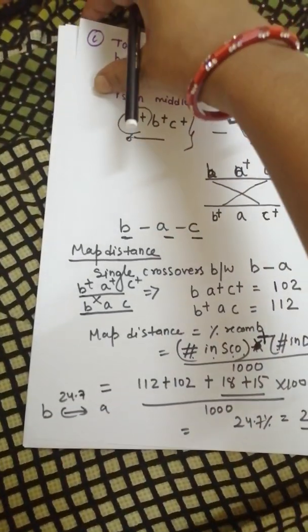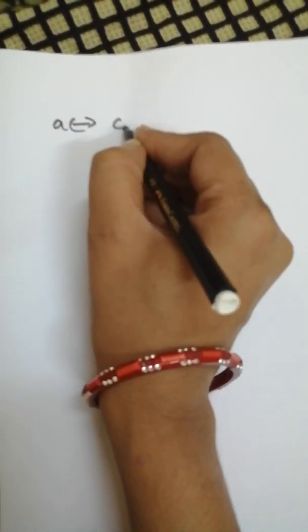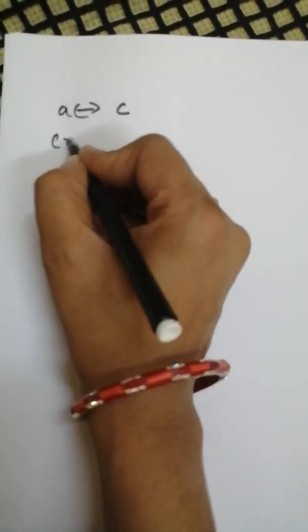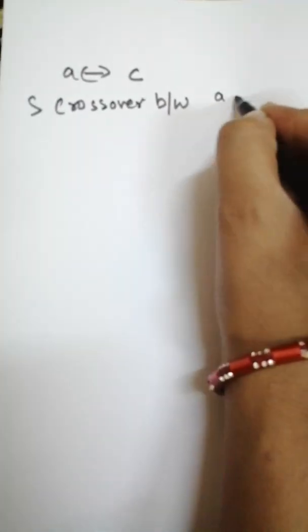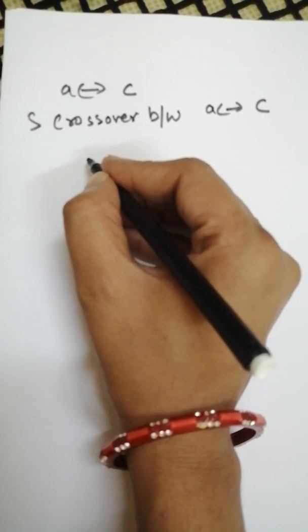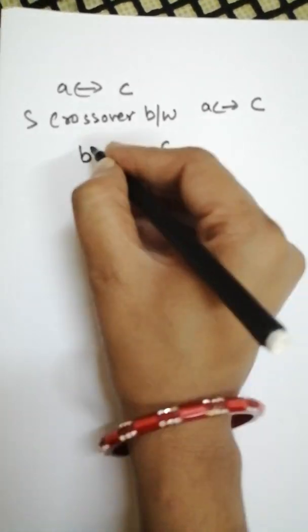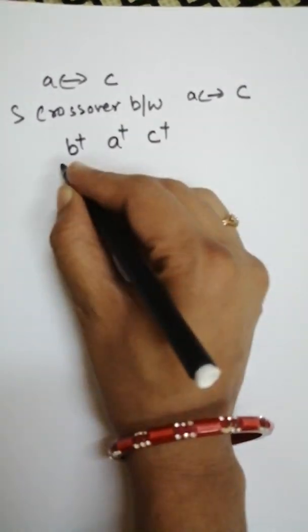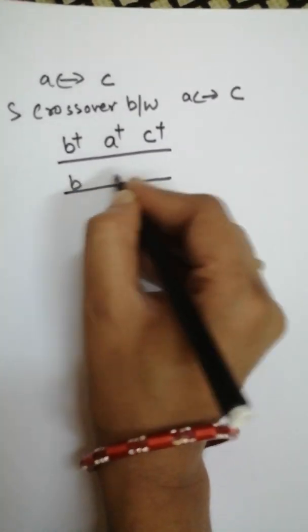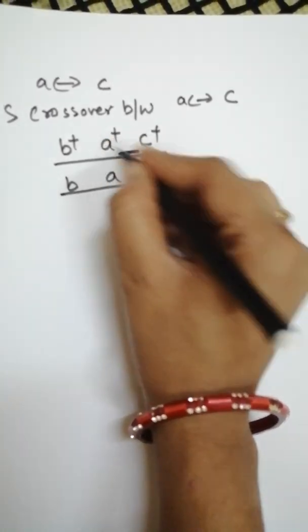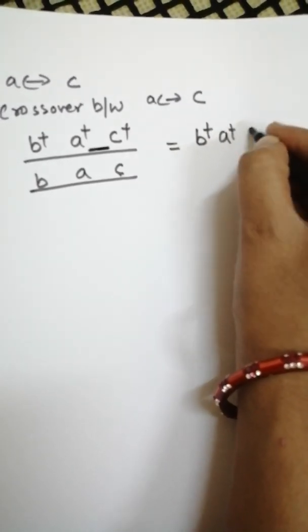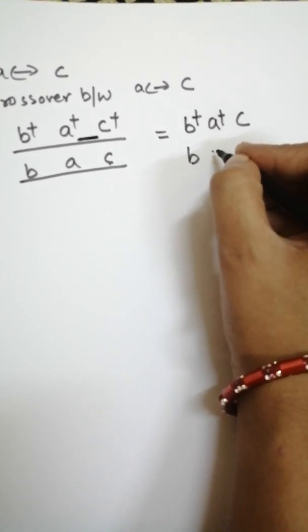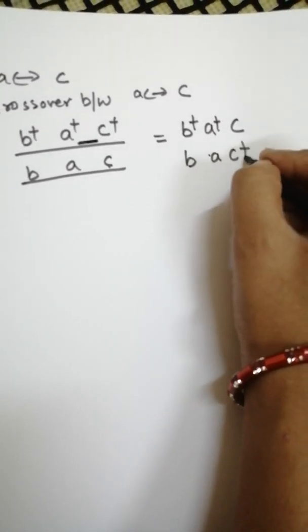24.7. Next we will find the map distance between A and C. Single crossover between A and C. The gene order is B, A and C. B plus A plus C plus and B, A, C. Crossover between A and C, the genotype is B plus A plus C, B, A, C plus.